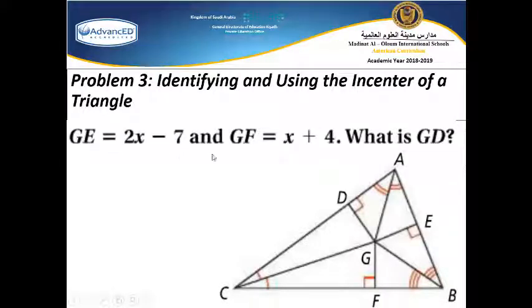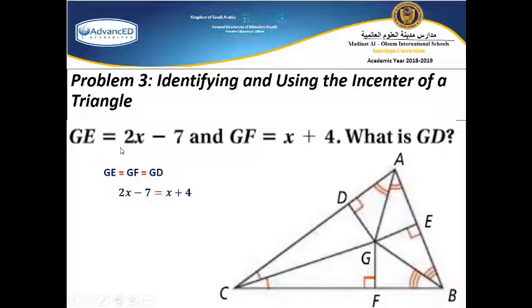By using the given GE equals 2x minus 7, GF equals x plus 4, let's find GD. Since the three distances are the same, they are equidistant, they have the same length, then by using the equation GE equals GF, we make the substitution 2x minus 7 equals x plus 4.